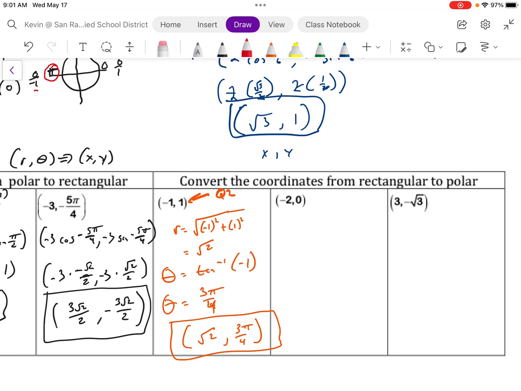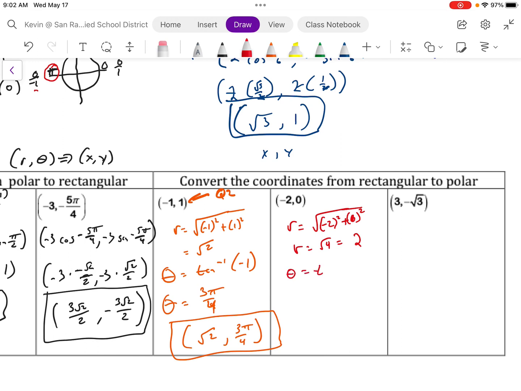Okay, similar over here, r equals the square root of -2 squared plus 0 squared, so r equals the square root of 4, which equals 2.